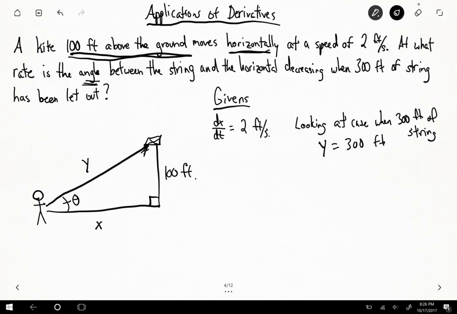Okay? What are we looking for? At what rate, so that means we're going to have a dt involved, is the angle, so that theta. So dt, and we have a theta involved, so we're looking for d theta dt.